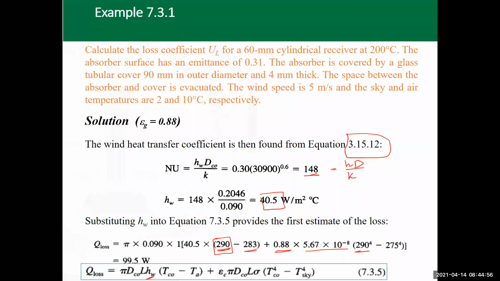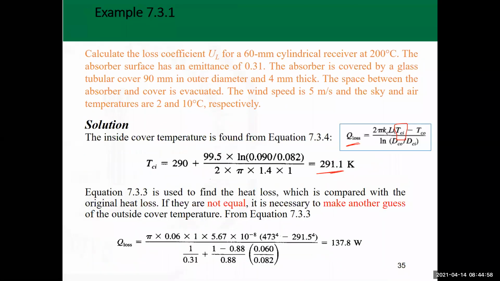The value of Q loss that has been calculated is equal to 137.8. What was the previous one? It was 99.5. So according to our assumption, we get 99.5 watts, and then when we continued with the equation, we got this value.